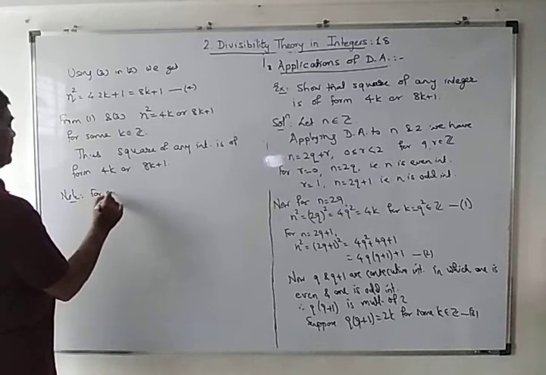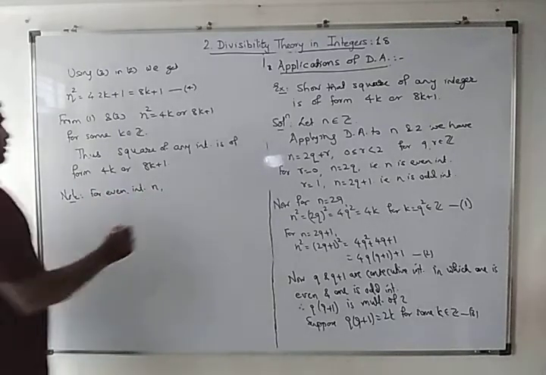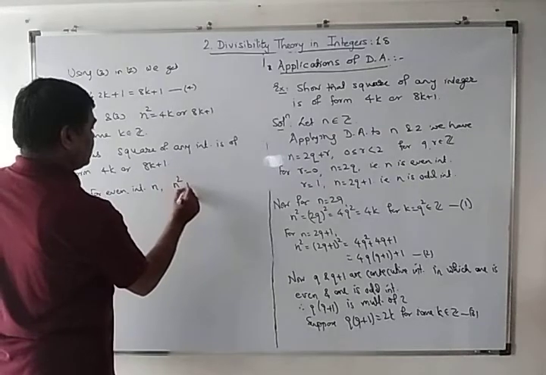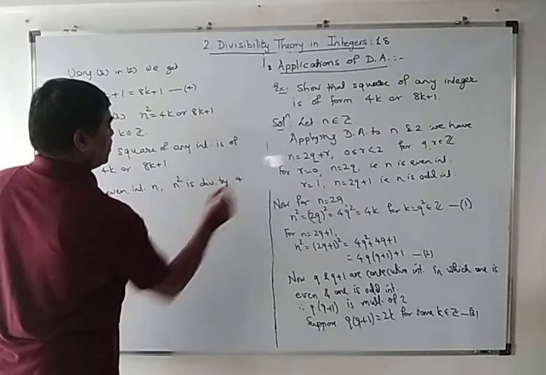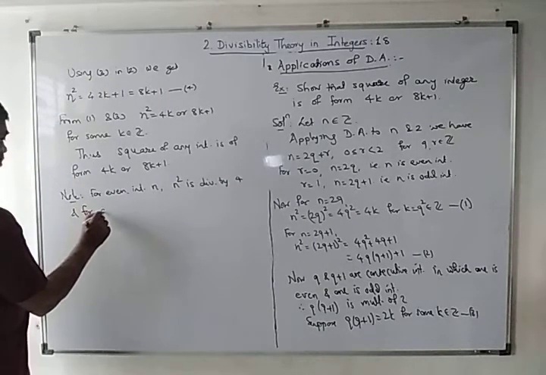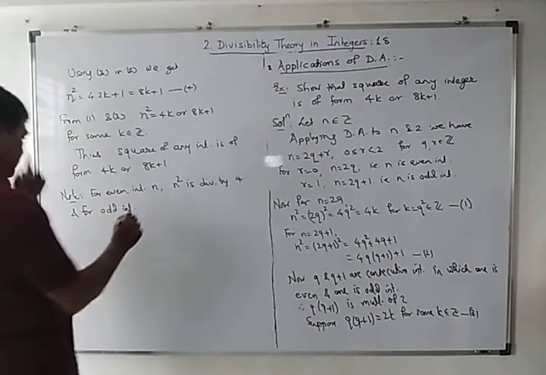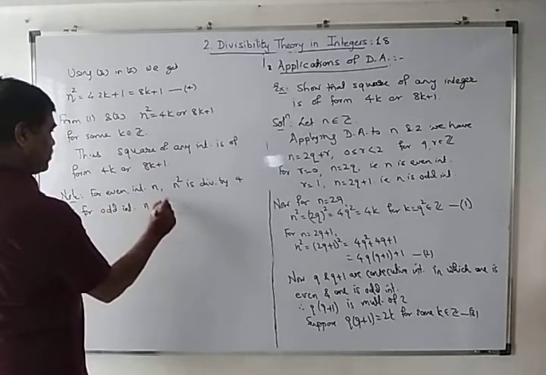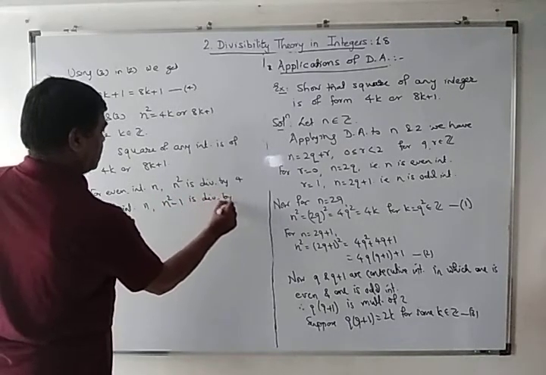For even integer n, n square is divisible by 4, and for odd integer n, n square minus 1 is divisible by 8.